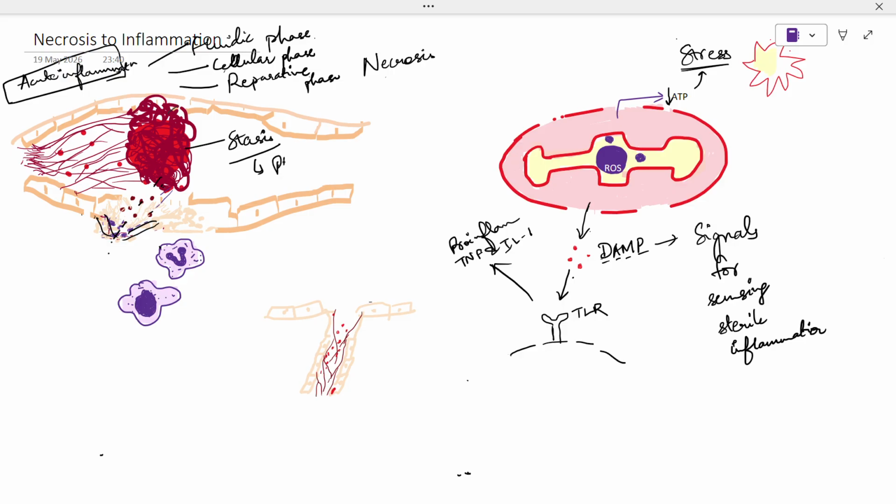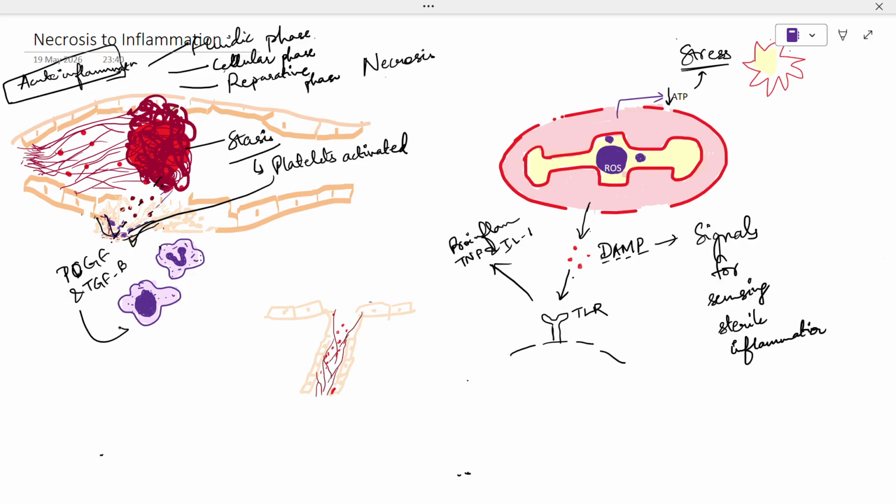So the platelets get activated during this phase and the onset of the cellular phase begins as they release a few factors like platelet-derived growth factors and transforming growth factors.